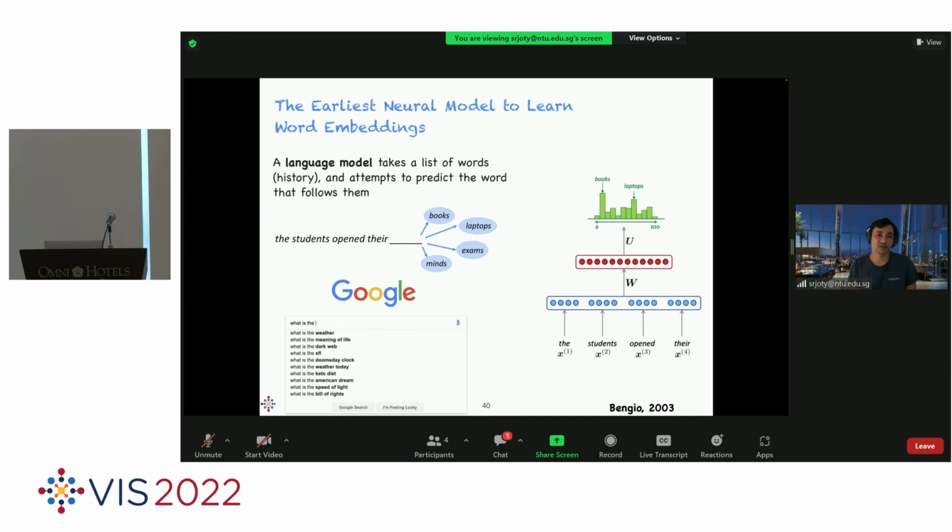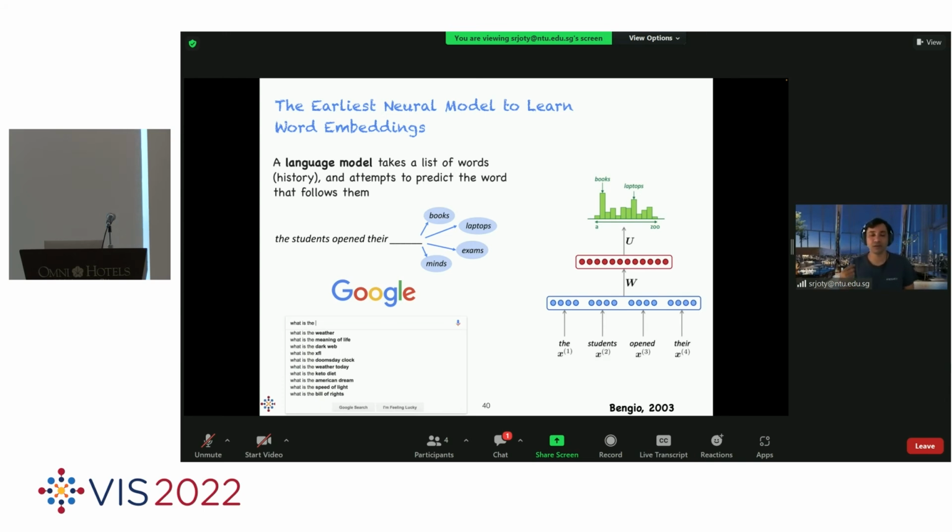A language model takes a list of words, or the context, let's say the history. In this case, the example is "the students opened their", and it will attempt to predict the next word that follows.